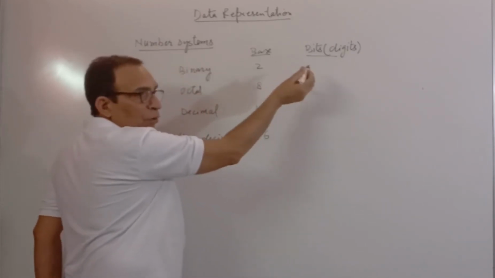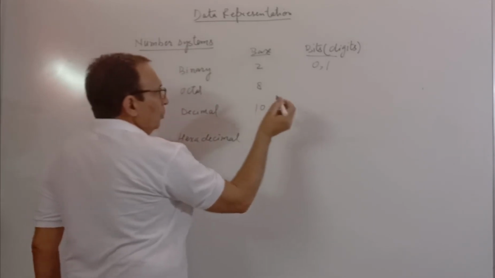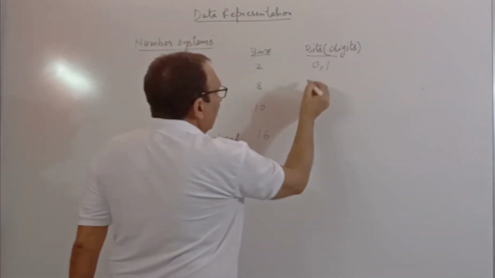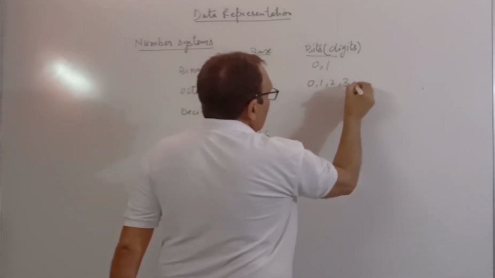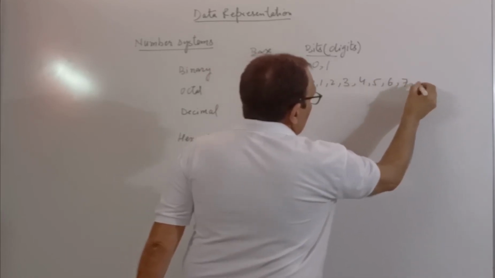Binary uses 2 digits, 0 and 1. Octal uses 8 bits, 0, 1, 2, 3, 4, 5, 6, 7.